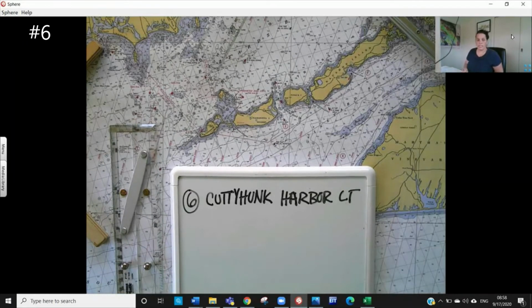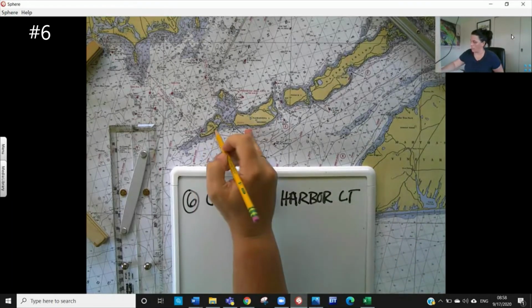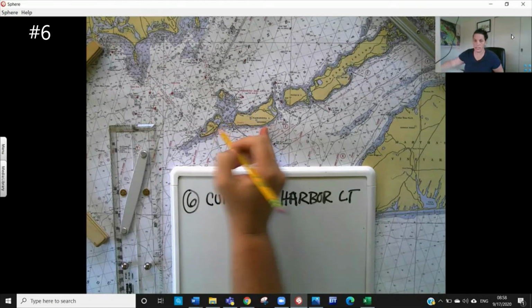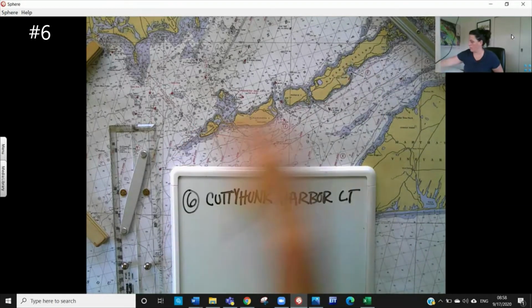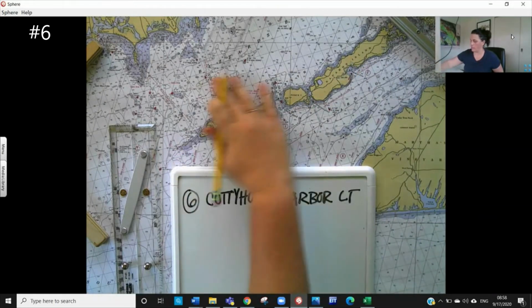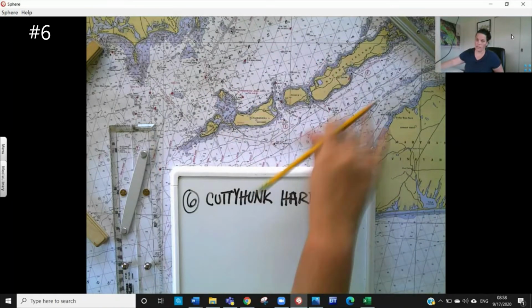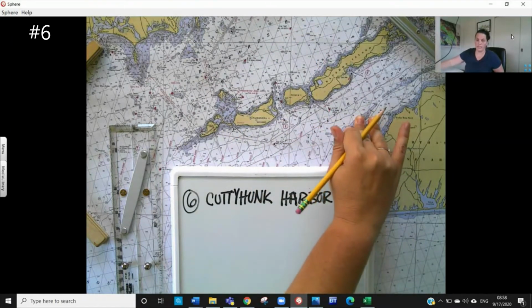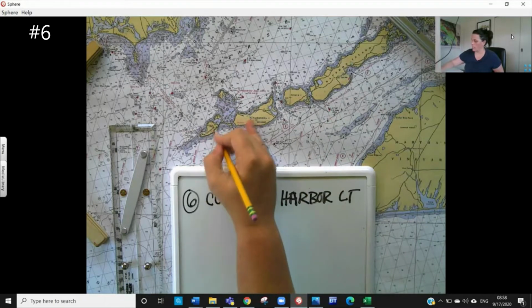Okay, so for number 6, we are Cuttyhunk Harbor Light. So Cuttyhunk Island is here, right at the end of this kind of island chain, the entrance to Buzzards Bay on the north side of the Vineyard Sound. So here is Cuttyhunk Island.